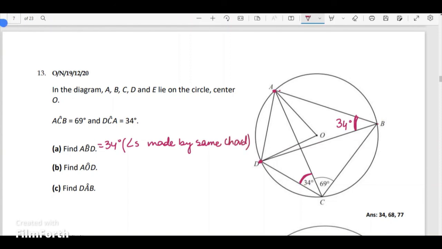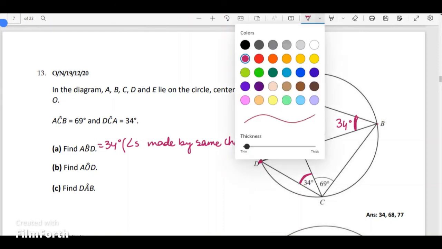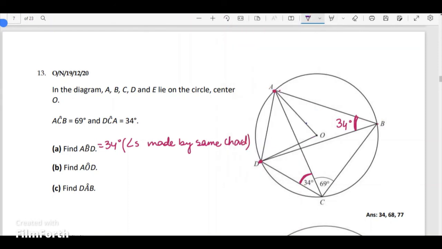Next, we have to find AOD, A, O, and D. So this is the angle at center, and we know that angle at center is twice the angle at the circumference made by the same arc. So let's just figure out which chord or which arc is making this angle at the center. This is again the same chord, AD, and see if it is making any angle on the circumference.